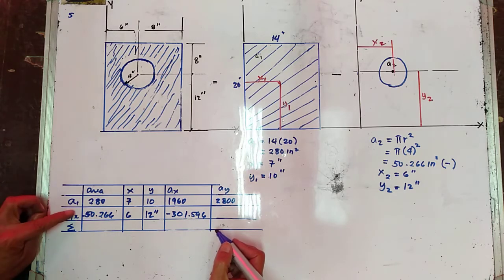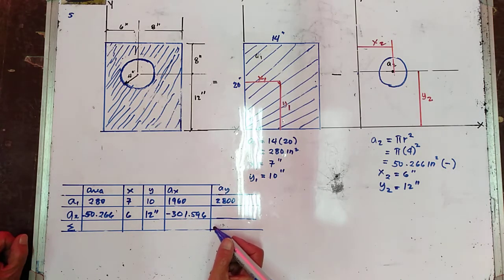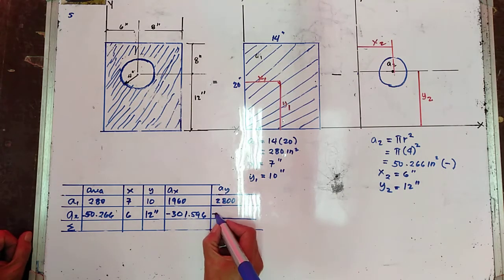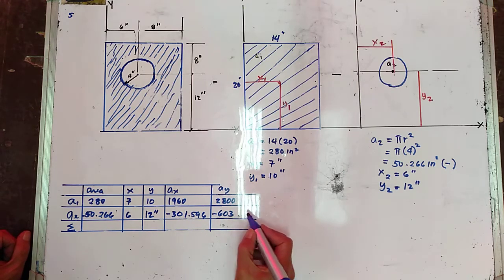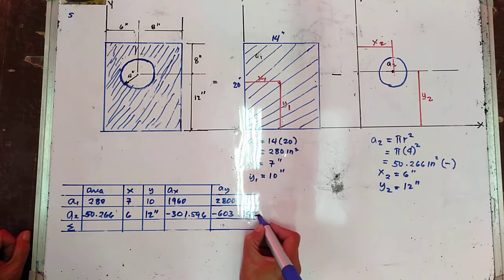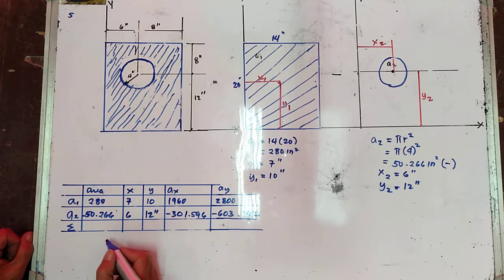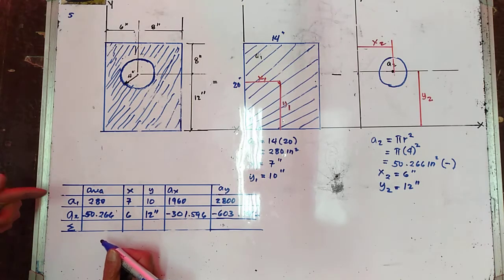And then negative 50.266 by 12 is minus 603.192.